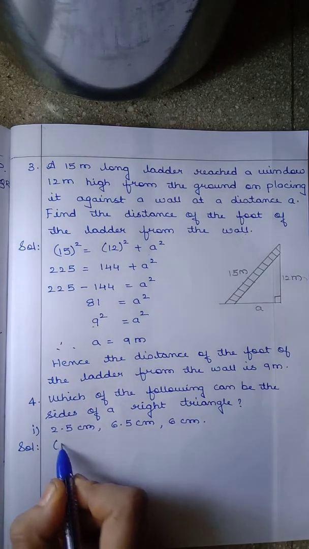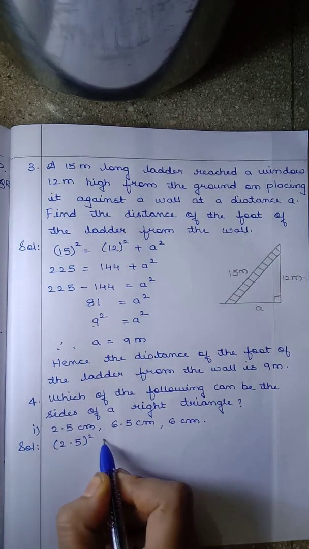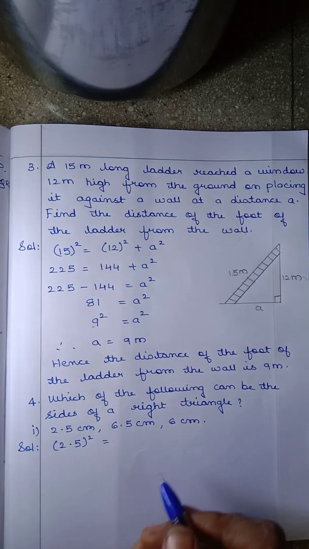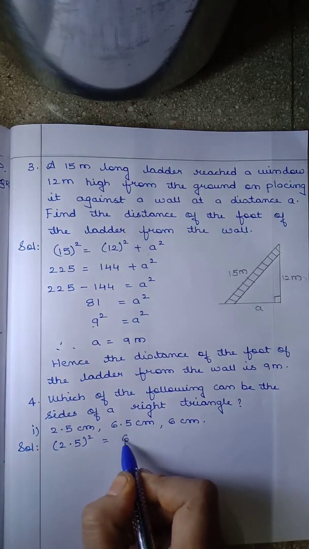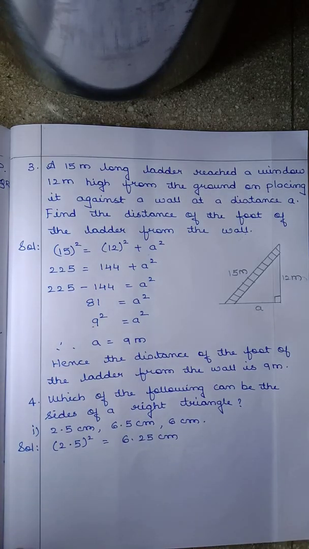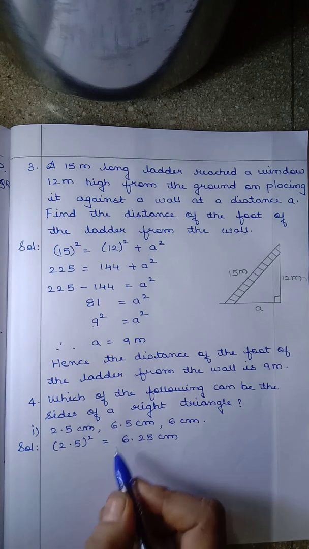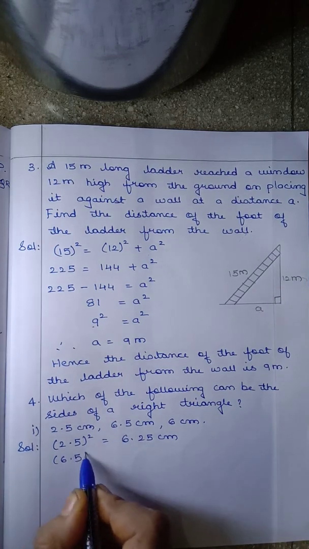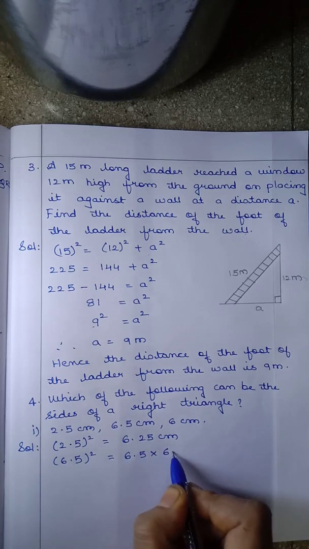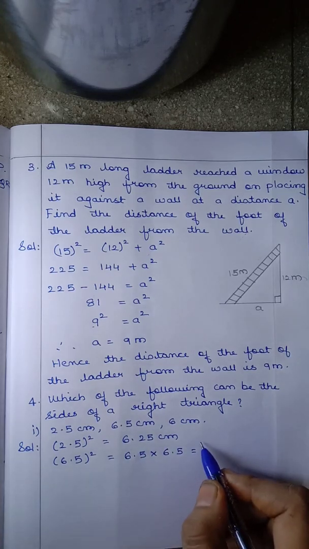Okay, so firstly let us find the square of all the three sides. 2.5 whole raised to square, that is 2.5 into 2.5 you have to multiply, children. If you multiply, you will get 6.25 centimeter. Okay, similarly now find the square of 6.5. Okay, 6.5 means 6.5 into 6.5.